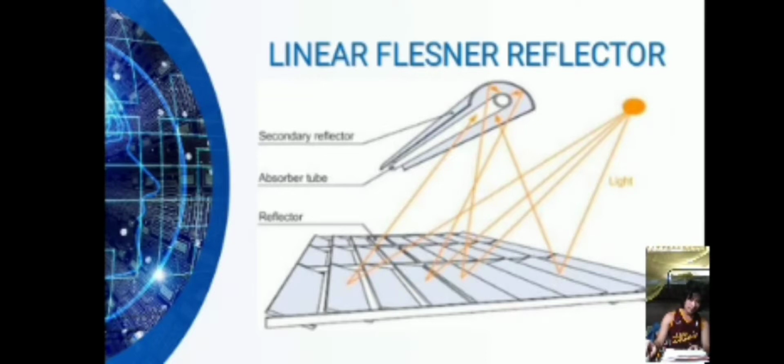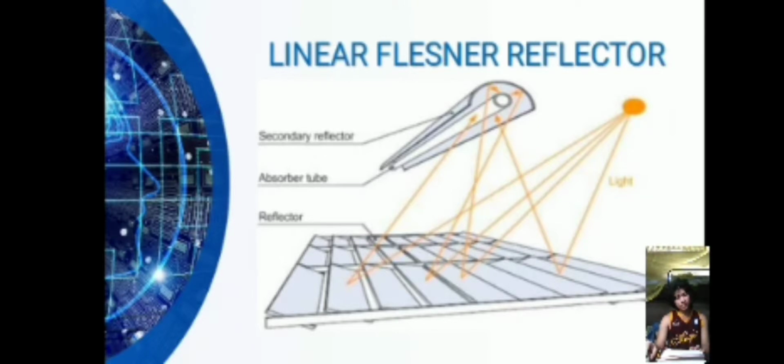Or pag di sumakto yung reflect ng mirror, meron tayong secondary reflector wherein the secondary reflector dinedirect niya yung mga hindi tumamang sinag ng araw sa tube. So, ganun lang siya.